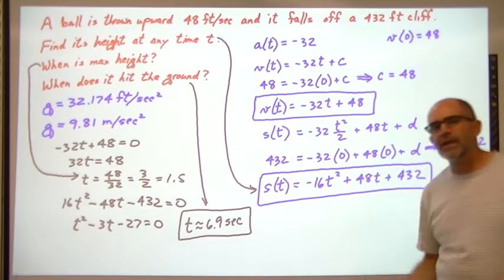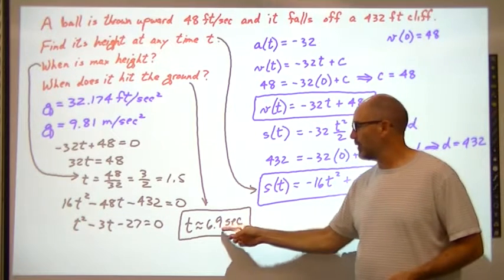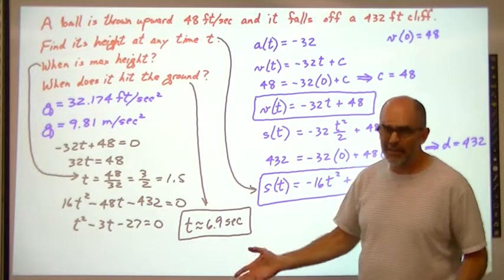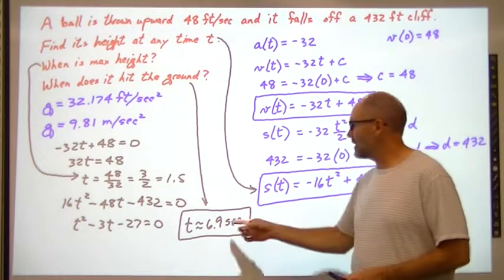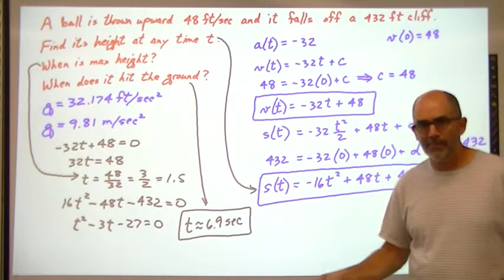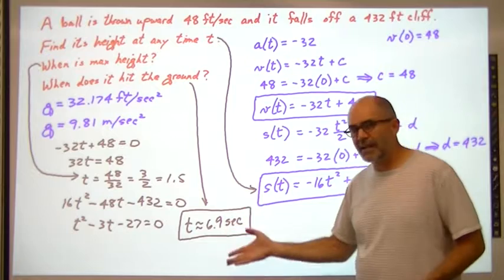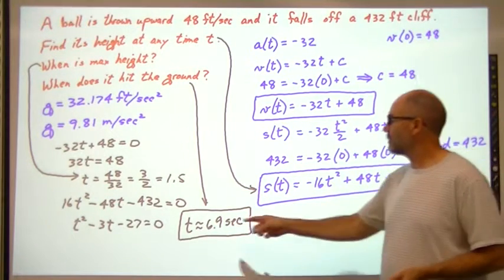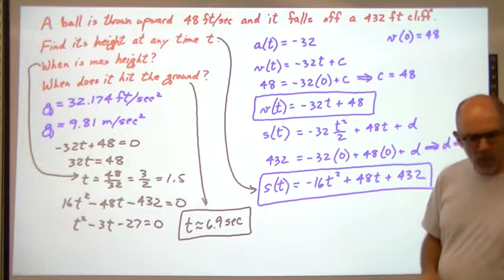So if you think about a 500 foot drop, is it reasonable that it takes a ball 6.9 seconds to fall 500 feet? Yes, it is. Now, if we said this took 70 seconds, that's ridiculous. Or if this took 0.7 seconds to fall 500 feet, that's ridiculous. So 6.9 seconds is a reasonable time to get that to happen.